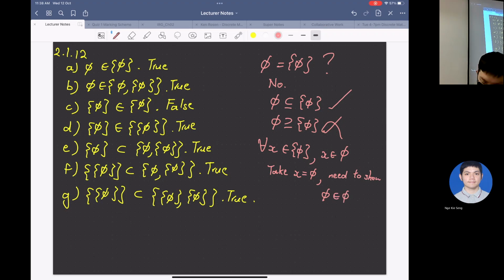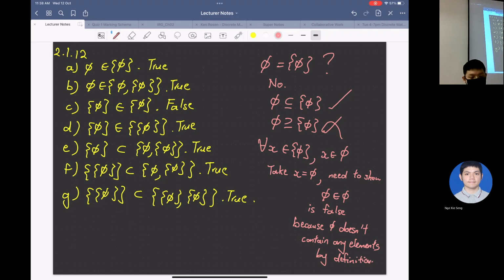This sentence is false, because phi doesn't contain any element. So the empty set is not an element of the empty set.